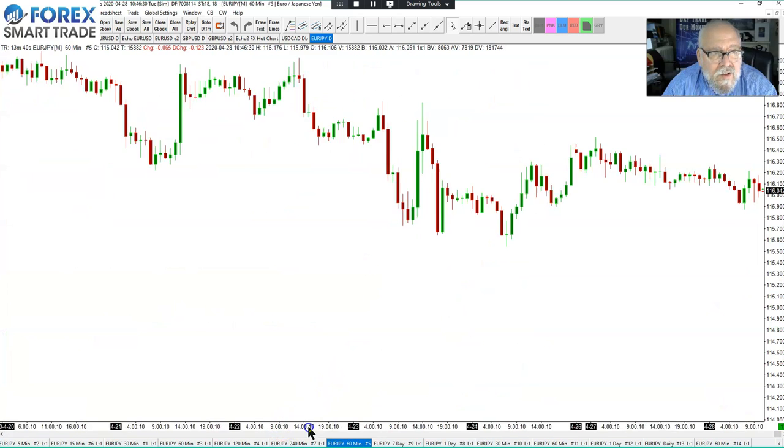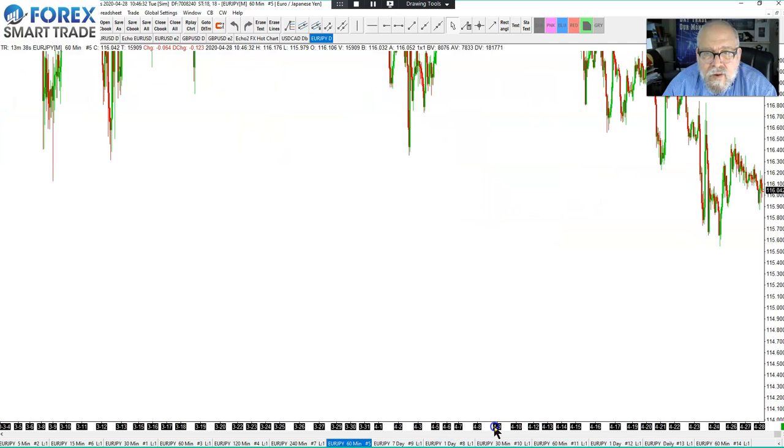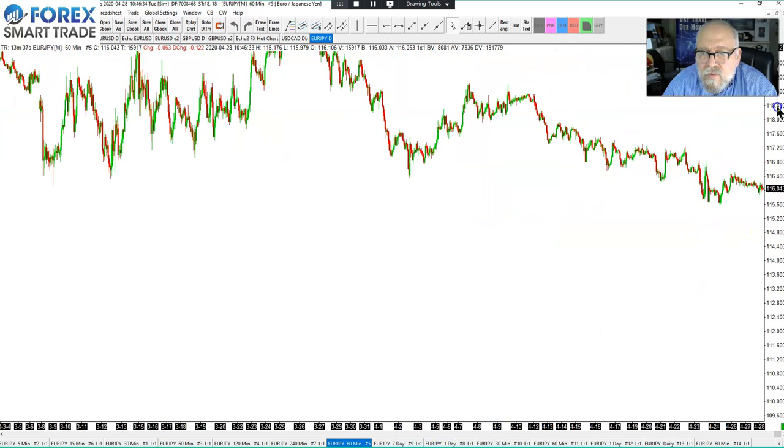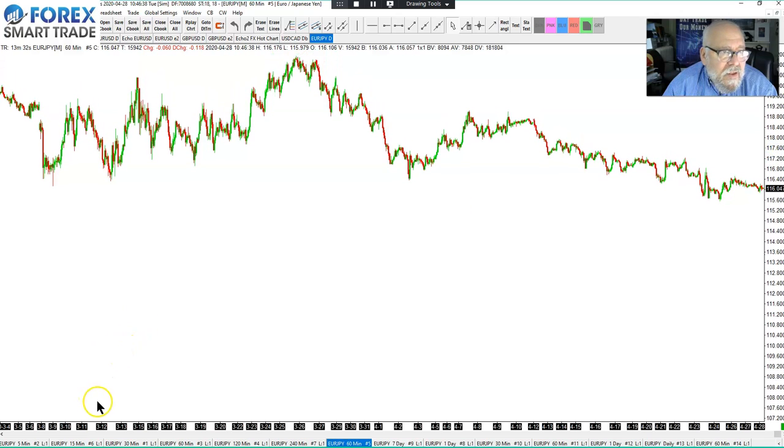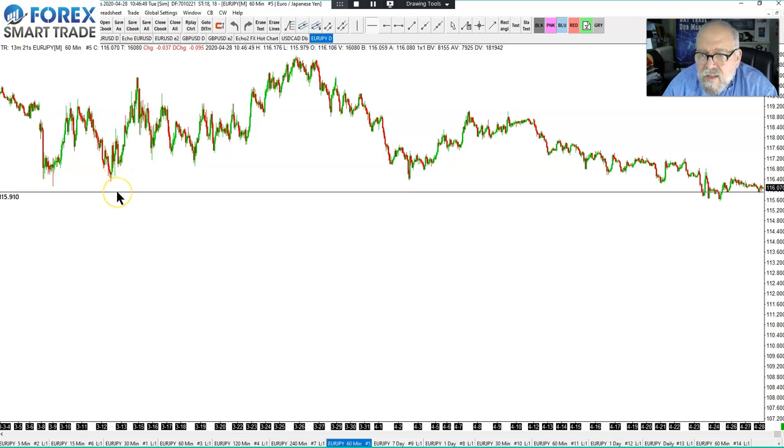So first I want to take a look at the clean chart, and I want to see where my support and resistance is. And support and resistance is, you'll notice that the lines come down to a certain point and tend to stop. I want to know where those stops are because the market tends to repeat those stops.